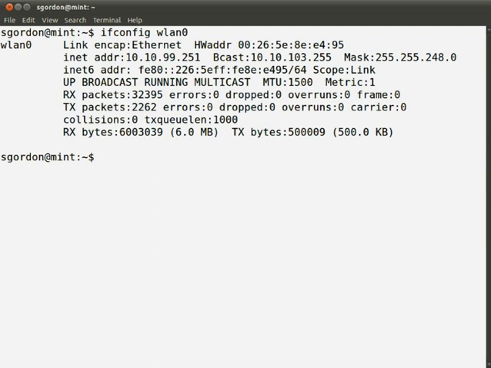So the network address is 10.10, what's 99? That's a hard one. I think it's 96.0, and the host portion is the remaining bits.